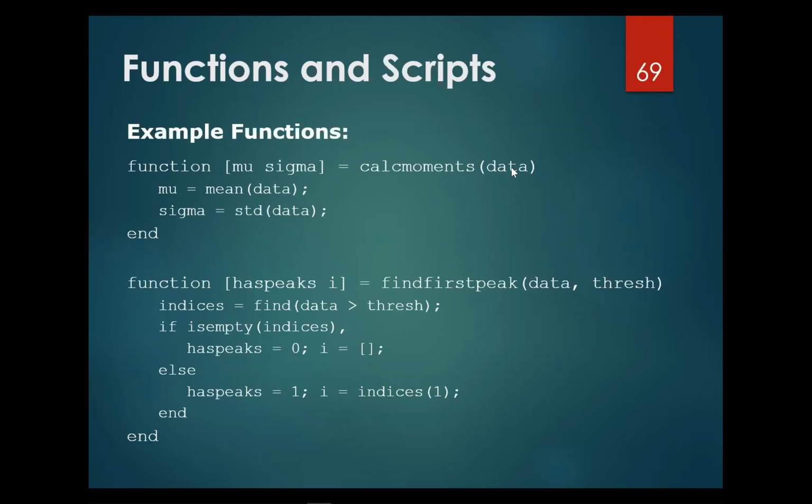It picks values from the variable called data, finds the mean of it, and also sigma, the standard deviation of it, and displays the answers in the variables mu and sigma. So these are the outputs. These are what we receive the values in from the function. I hope you get it.